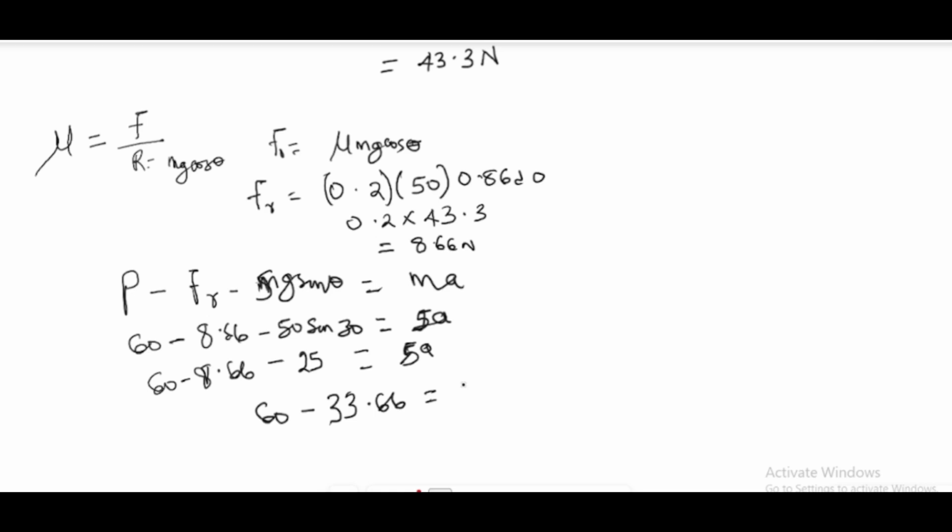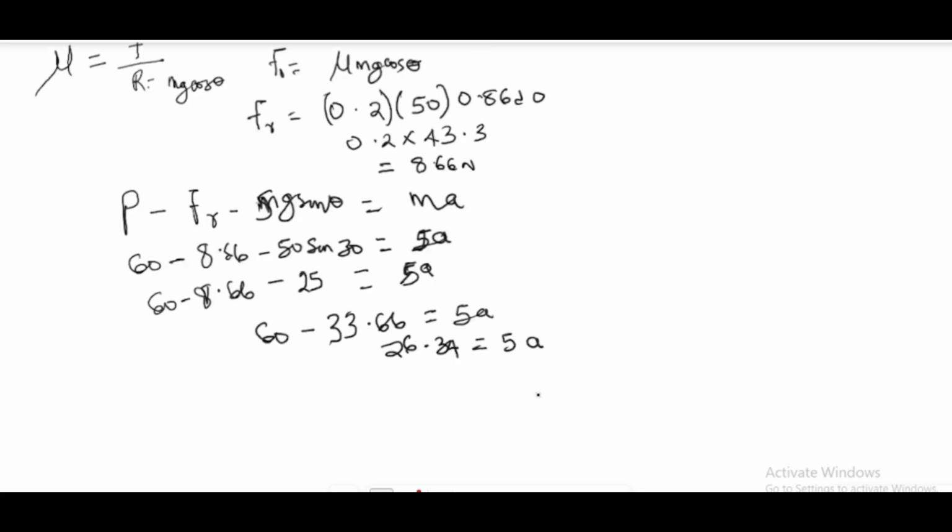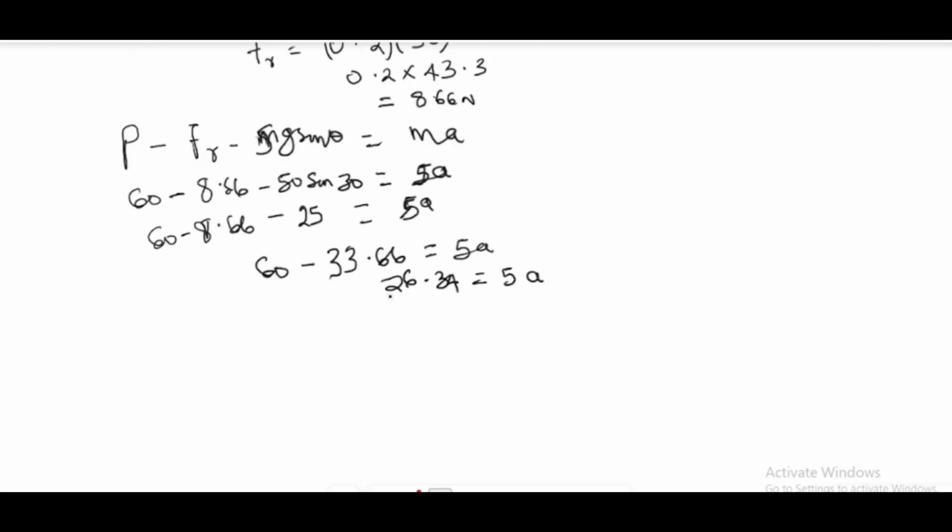Okay, so if I subtract 33.66 from 60, we'll have 26.34. So we have 26.34 to be equal to 5a. So since we are looking for acceleration, we divide both sides by 5. So what's our acceleration? Acceleration is 5.27 meter per second squared.